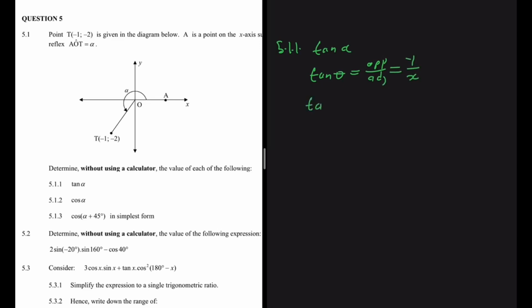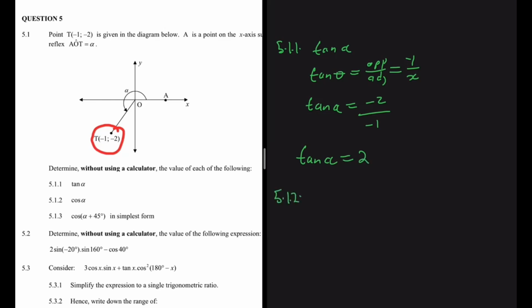So tan of alpha will become the y of our coordinate of interest T here, right? Which is minus 2 divided by x, which is minus 1. So tan of alpha is basically just equal to 2.